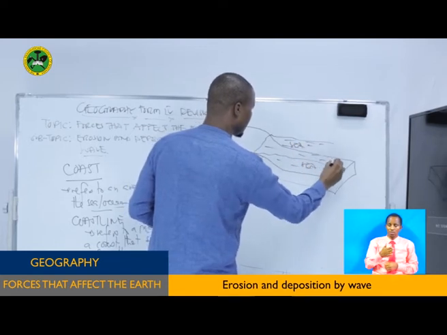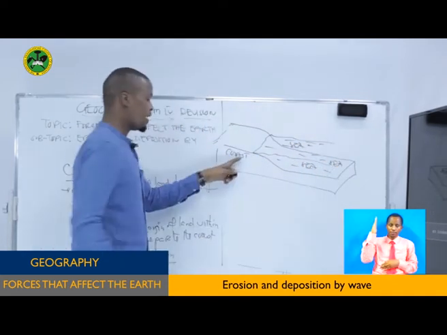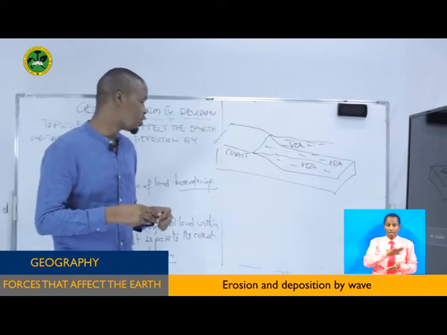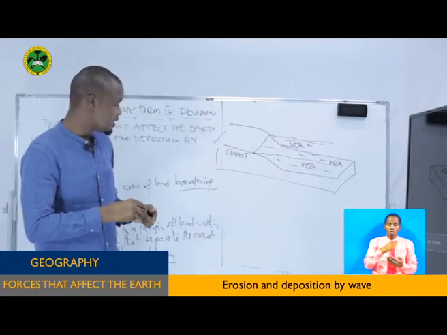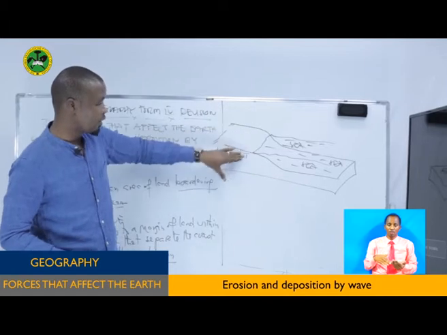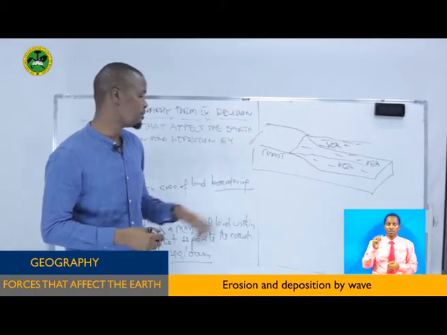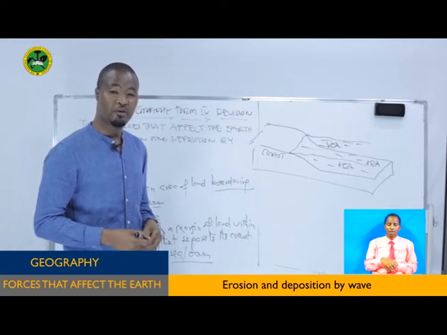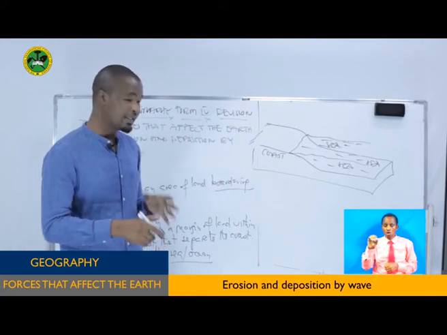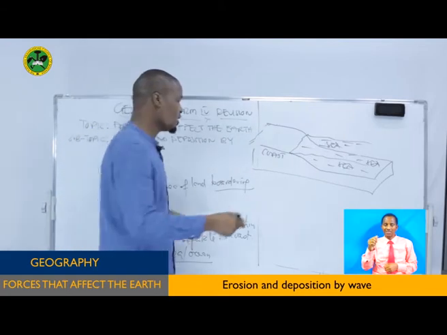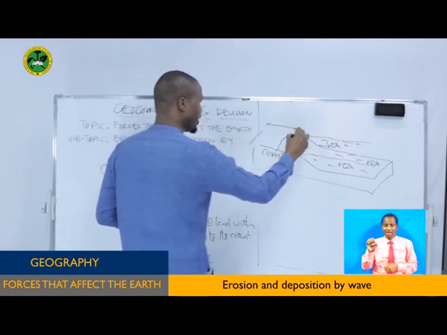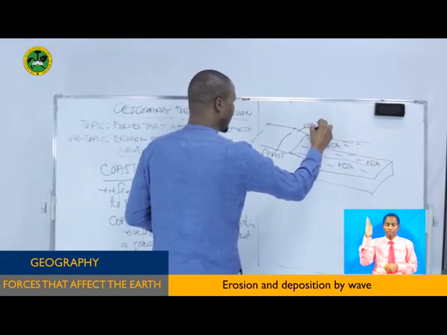So the land bordering the sea, an area of land bordering the sea, is what we call a coast. So the point is, what is a coastline? A coastline is a margin of land that separates the coast from the sea. It means we are talking about this point right here. It means we have what we call a coastline.